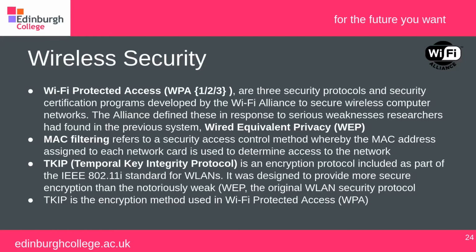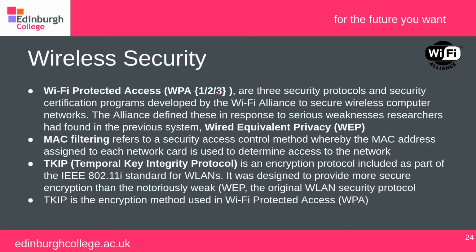WPA stands for Wi-Fi Protected Access. Now, the old system, before we used WPA 1, 2, and 3, we used to use a thing called WEP, Wired Equivalent Privacy. And this had some security flaws. So that's why we use WPA now, usually 2, but in the future we'll be moving to WPA 3.